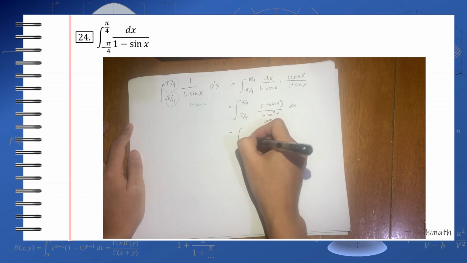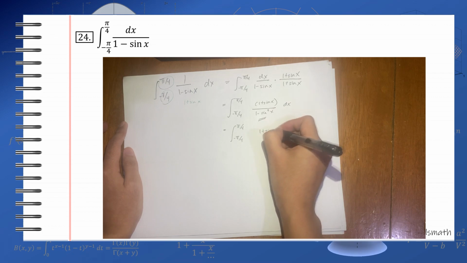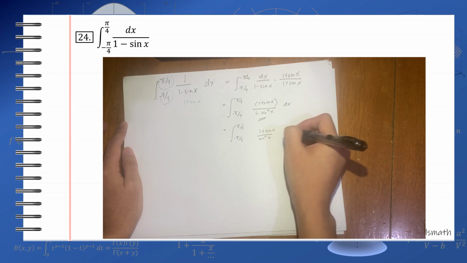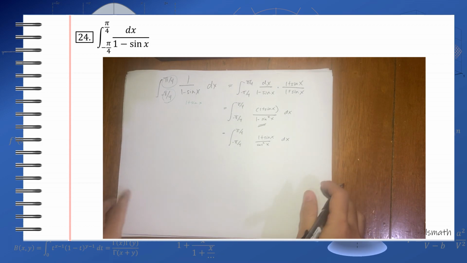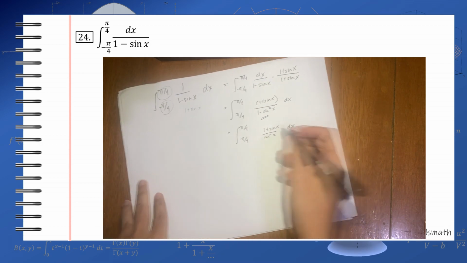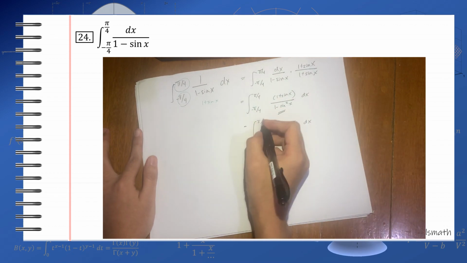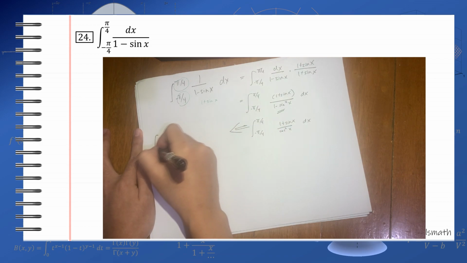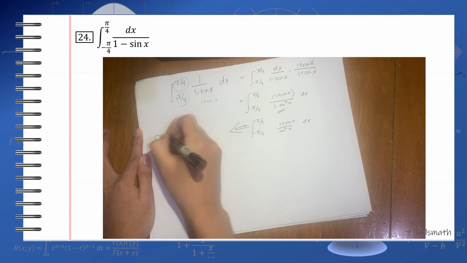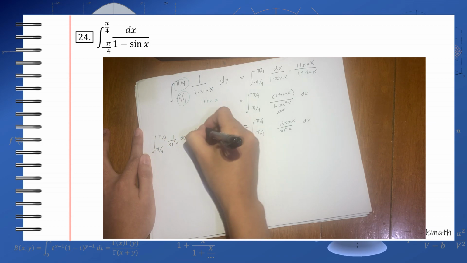So this becomes negative pi over 4 to pi over 4, 1 plus sine x over cosine squared x dx. So we split again. This is negative pi over 4 to pi over 4, 1 over cosine squared x dx plus sine x over cosine squared x.